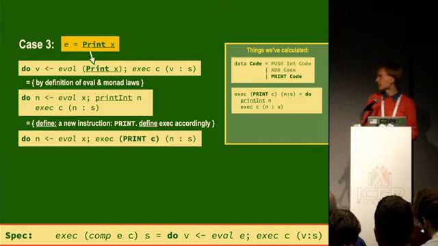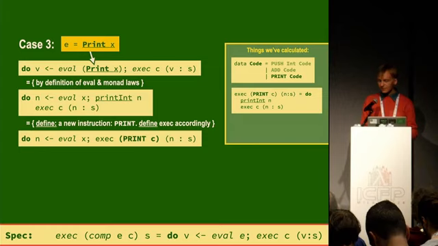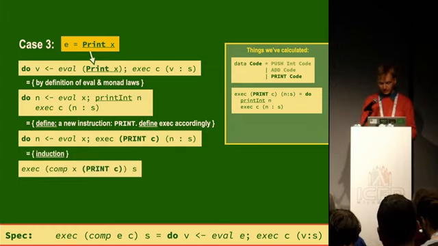You could say it hides the fact that we're actually printing this thing under the instruction itself, because the instruction can be anything we want. And then again, we're now in this position where we can apply induction. We apply induction, and we get the form we wanted at the end.